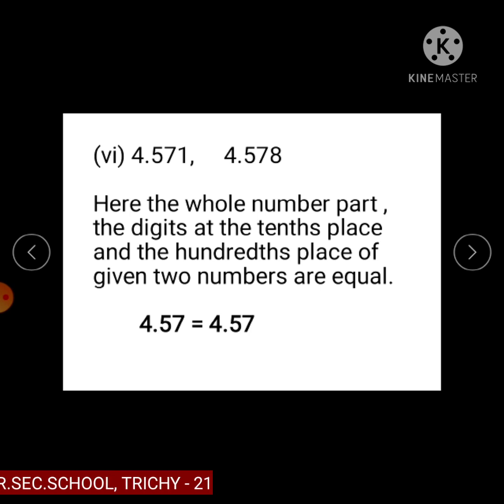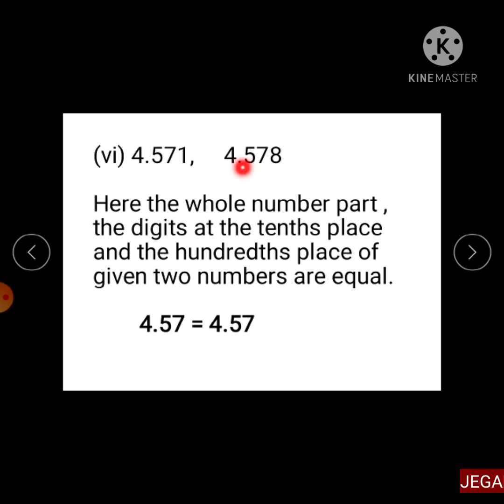Subdivision 6. 4.571 and 4.578 are the given numbers. Here the whole number part, the digits at the tenths place and hundredths place of the given two numbers are equal, that is 4.57 is equal to 4.57.